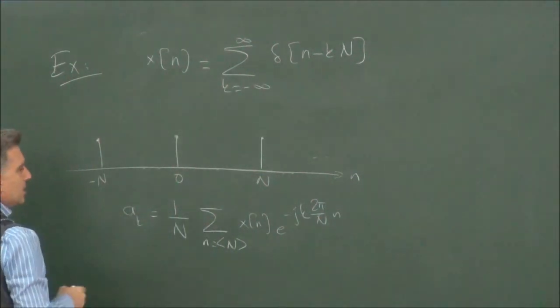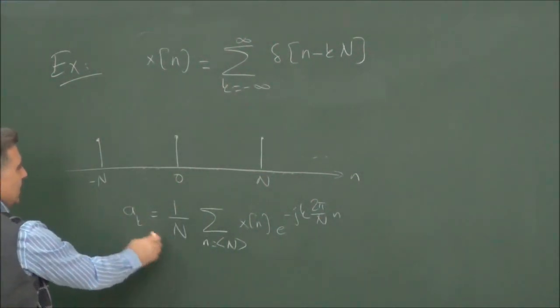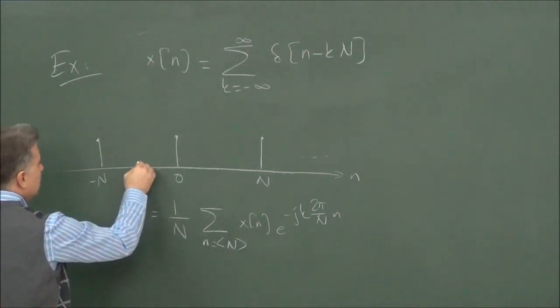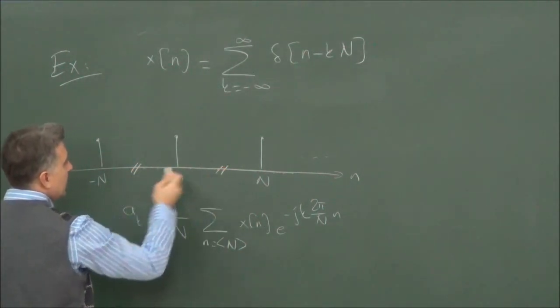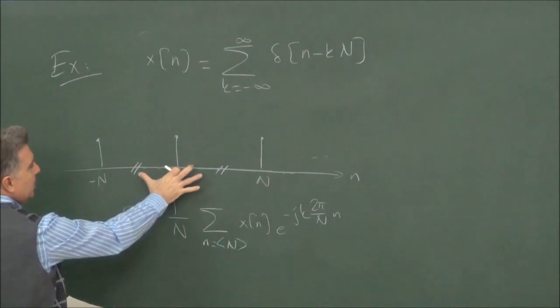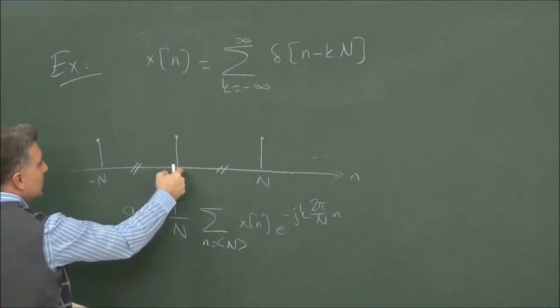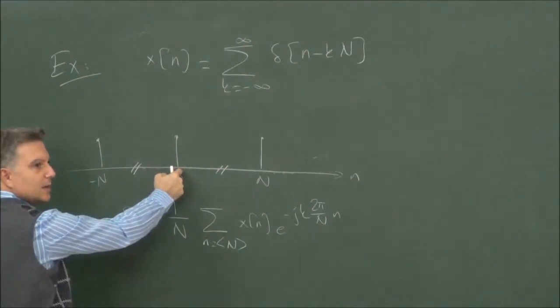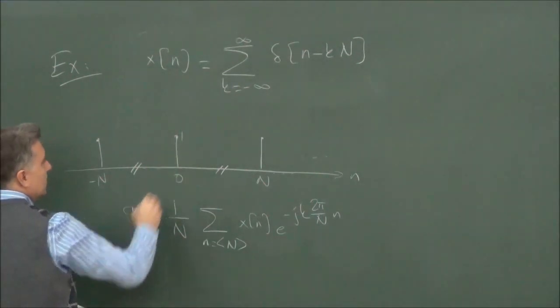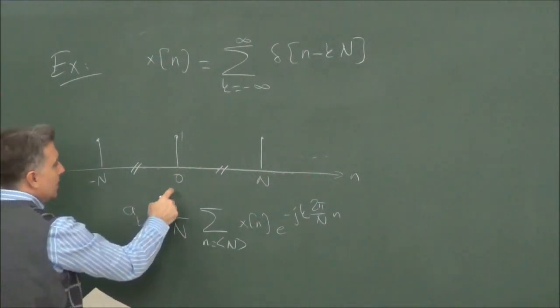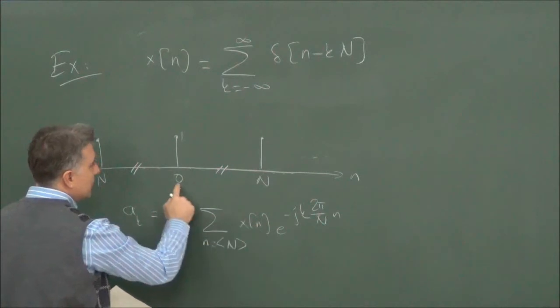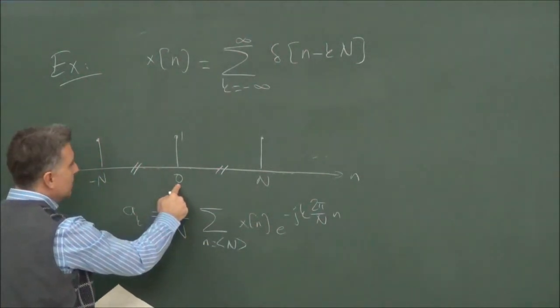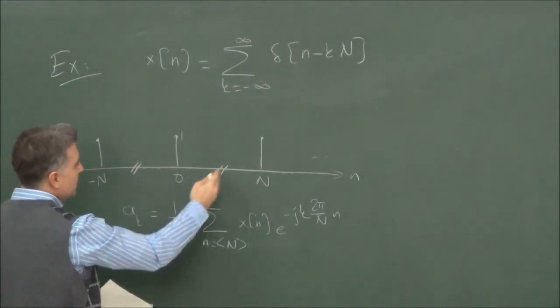This was the expression to determine the Fourier series coefficient, and it is within a period. Let's take the period from here to here, and within this one period, there is only one non-zero sample, where the value is 1, and that is when n is equal to 0. For all other n values, it is zeros.